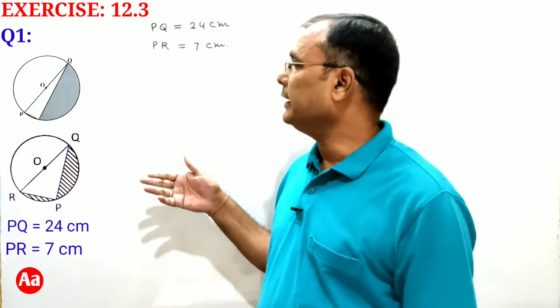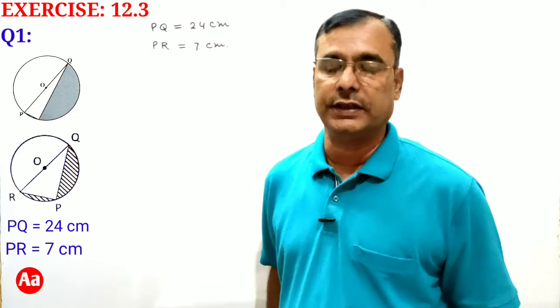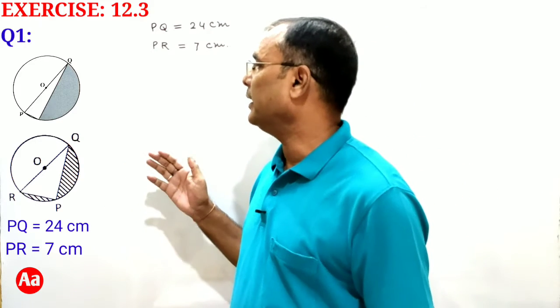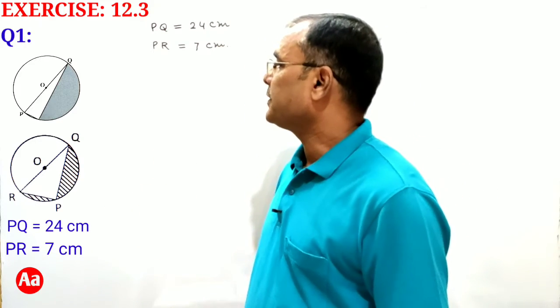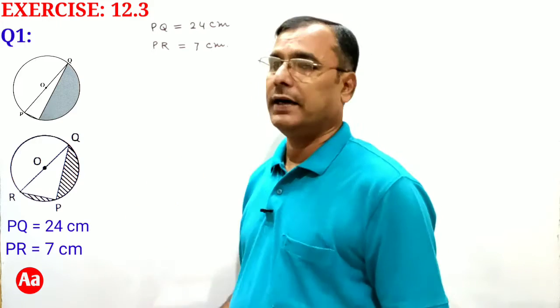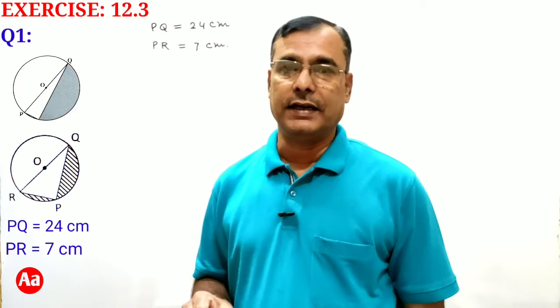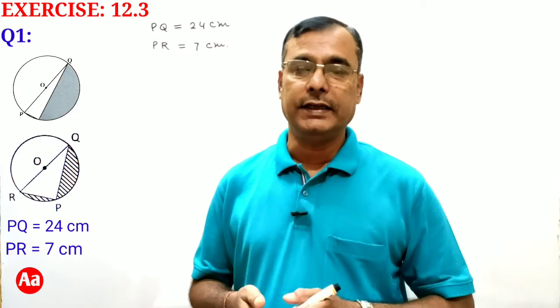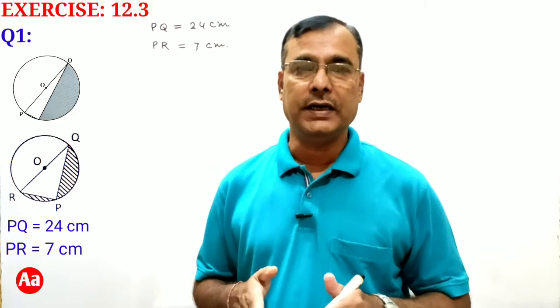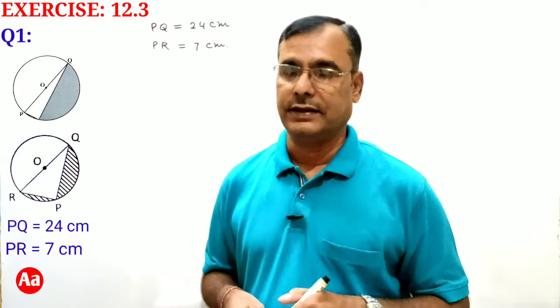We have to find area of the shaded region in this question, that we can find by calculating area of semicircle QPR minus area of triangle QPR. To find area of semicircle QPR we need radius.